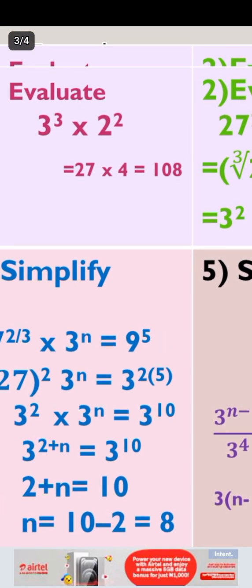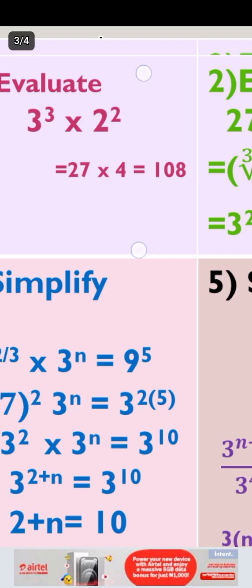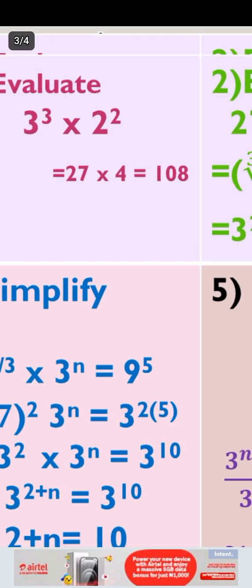Now, one thing you must note is that there can be indices whose bases are not the same. And so in such questions, you will see they will say evaluate. When you hear evaluate, just assume that the bases in the terms are not the same.